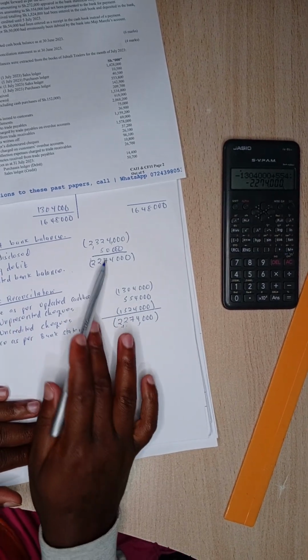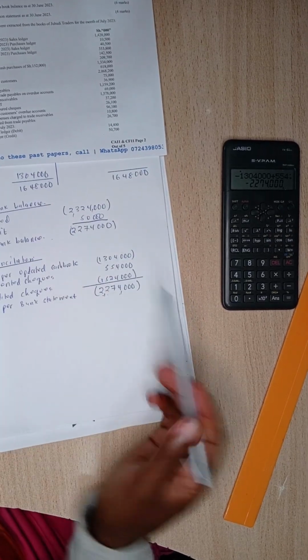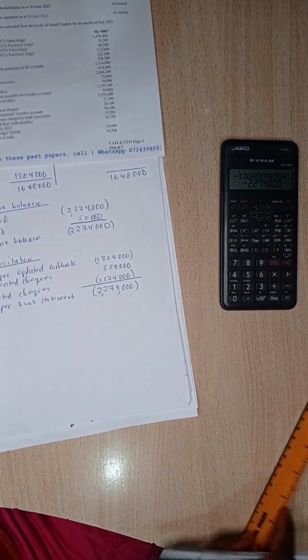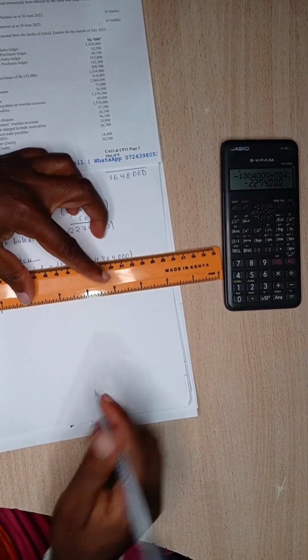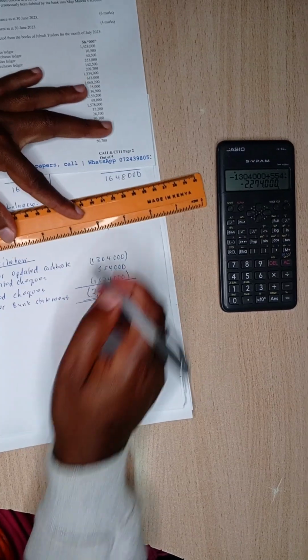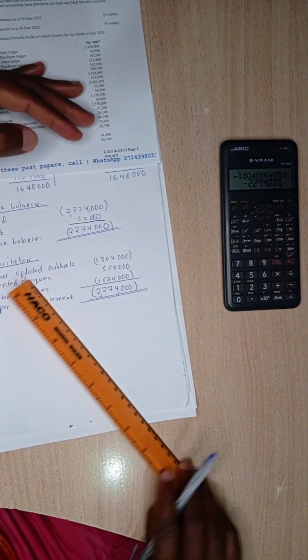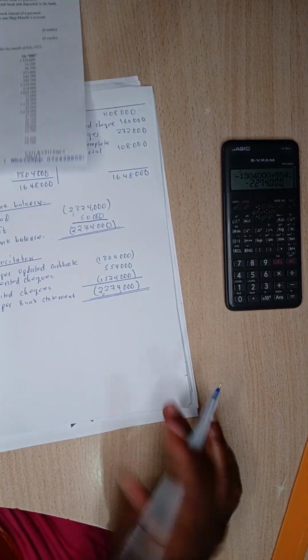So it means we are correct. This was a very simple question. It should take at most 10 minutes to solve. So this is how you are to solve it. It's not hard, it's not challenging, as you can see.